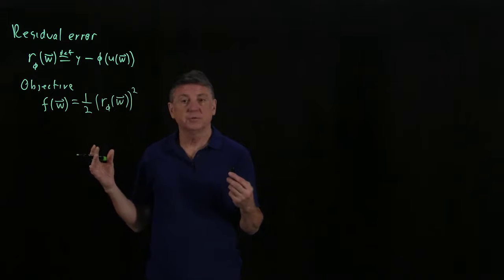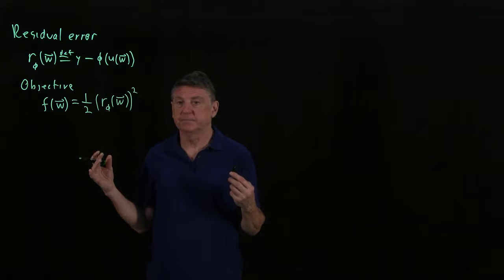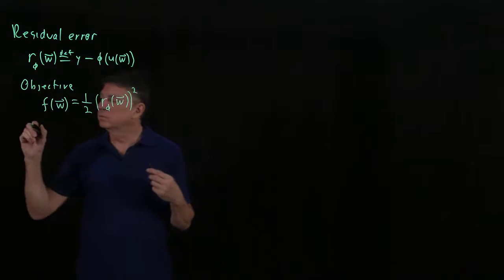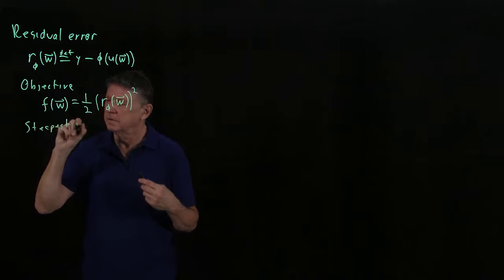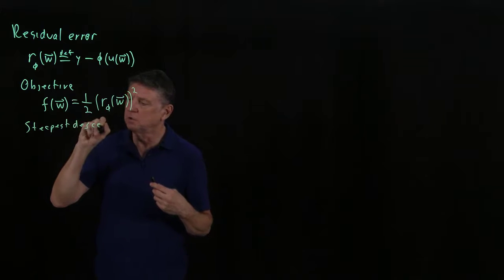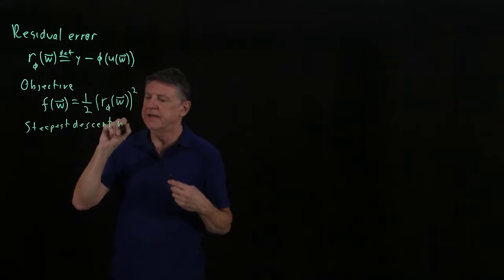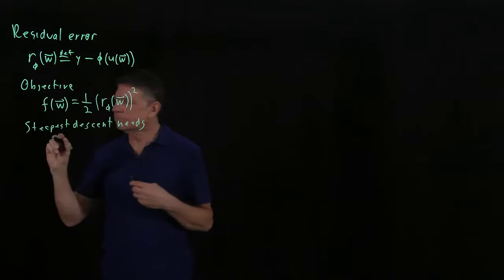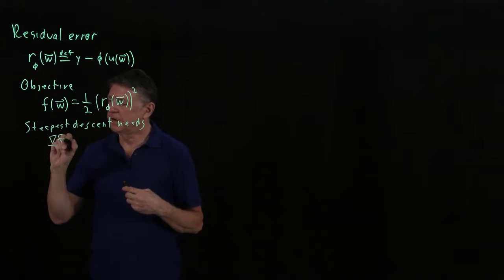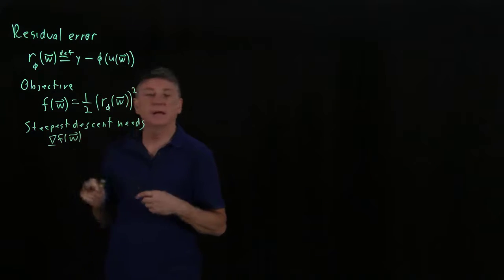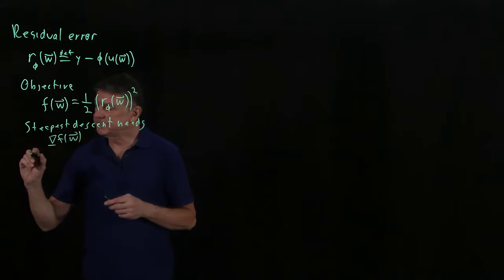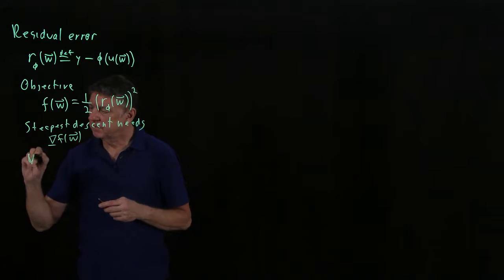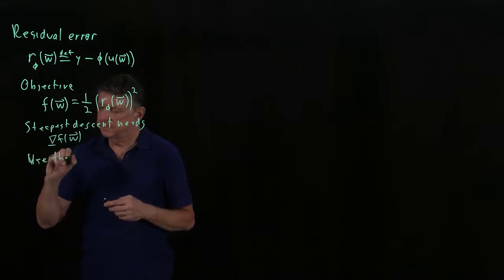Now we want to use a method of steepest descent. So steepest descent, let's recall, needs the gradient 1 form of the function evaluated at any augmented weight vector. We'll use the chain rule.